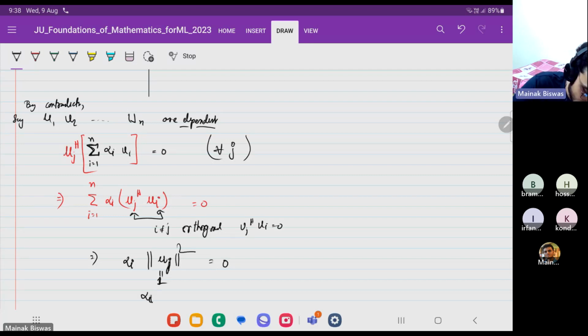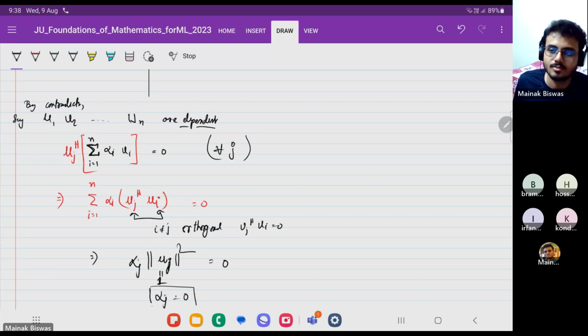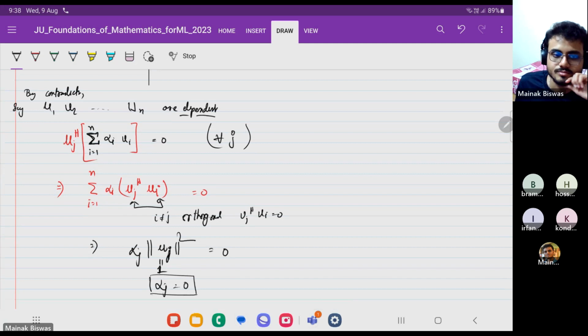Alpha j equal to 0, right or no? Correct? Yes, clear. So for all j, it will be true.